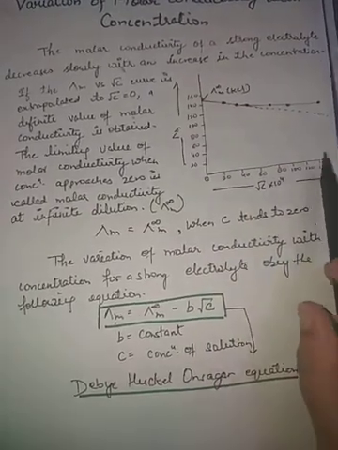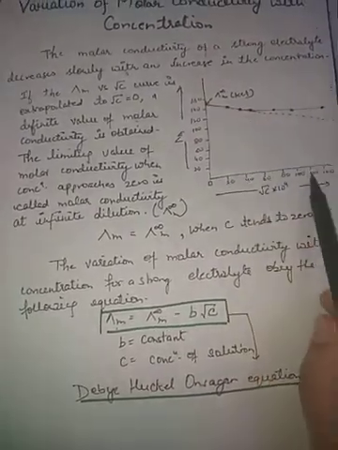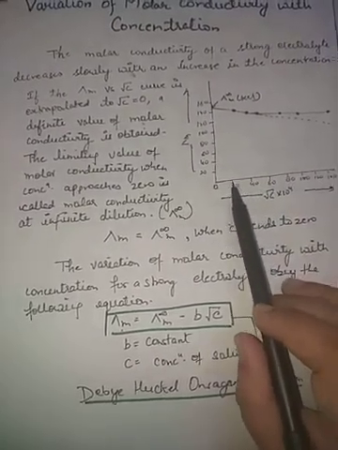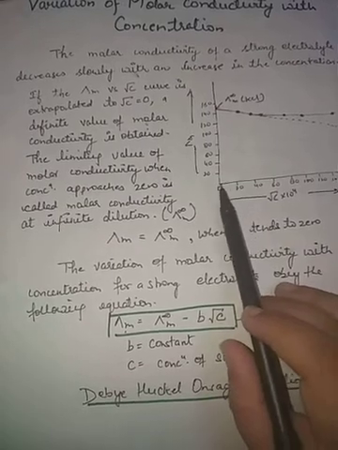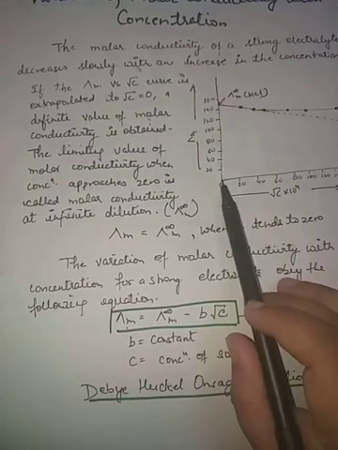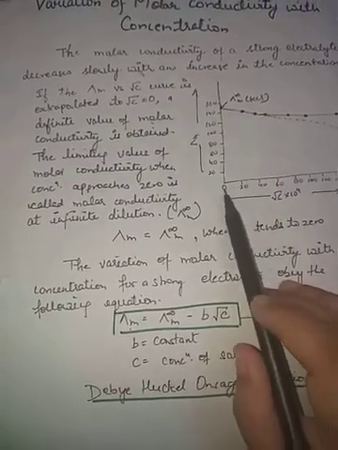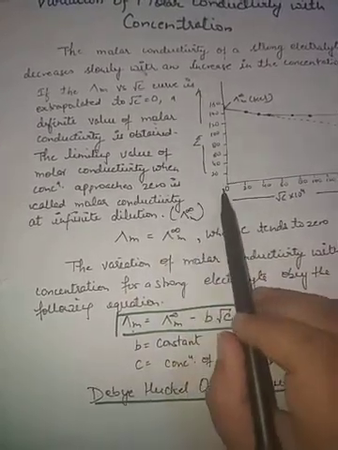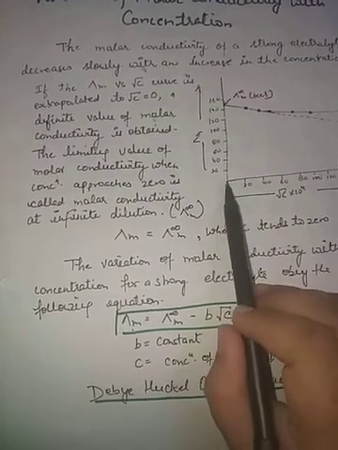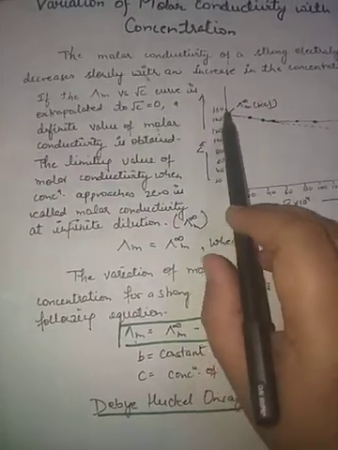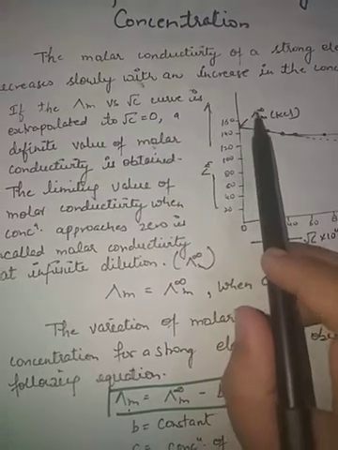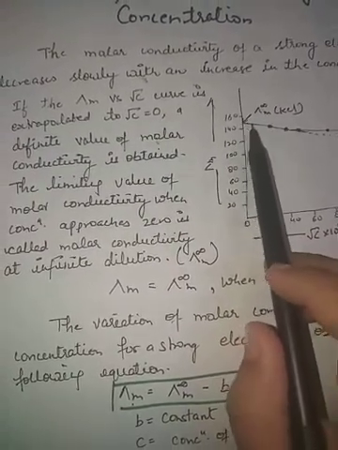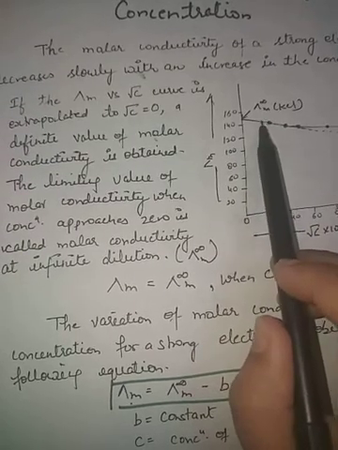So if we see the reverse of this graph, when the solution is diluted, we can see that when the solution is at infinite dilution, that is when C tends to 0, in that case here it is the molar conductivity at infinite dilution.